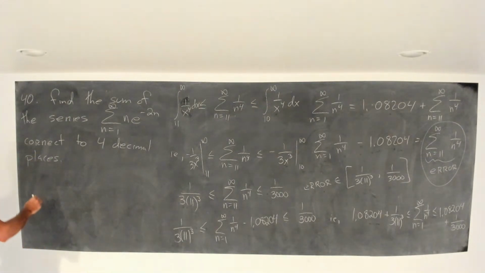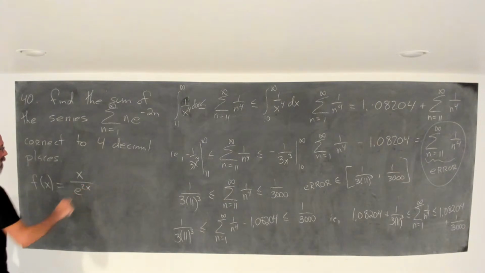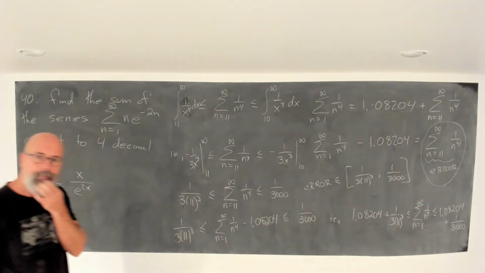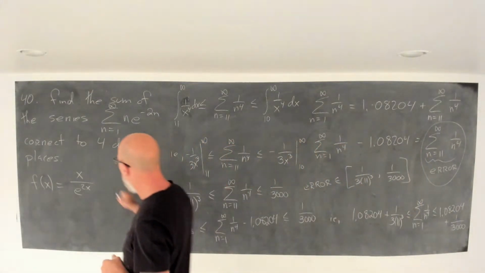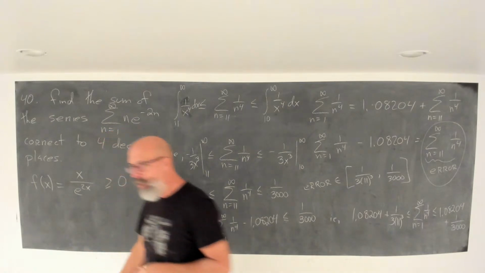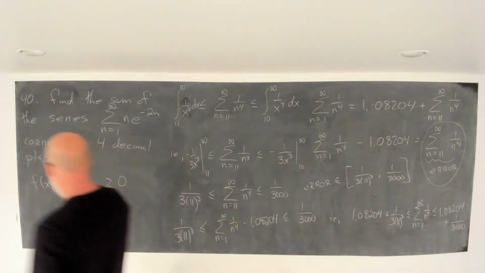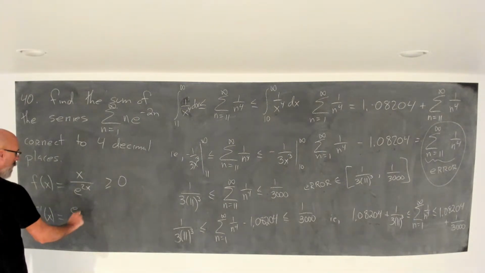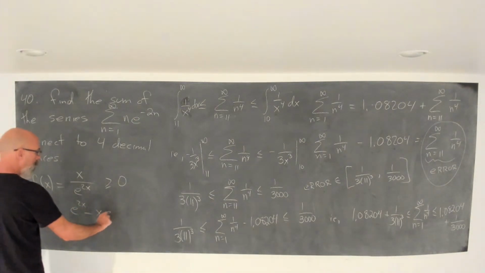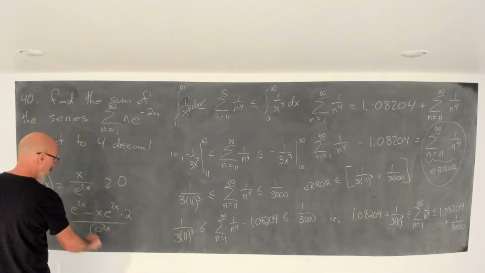So let's check. The function that gave rise to this is, of course, x over e to the 2x, which is positive. Continuous. What about decreasing? Take the derivative. VU prime minus UV prime all over V squared.